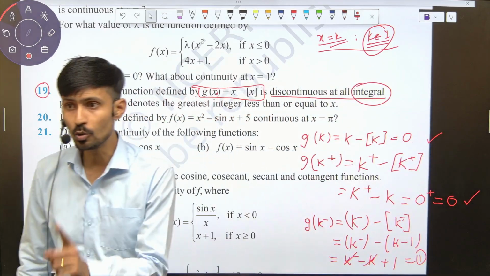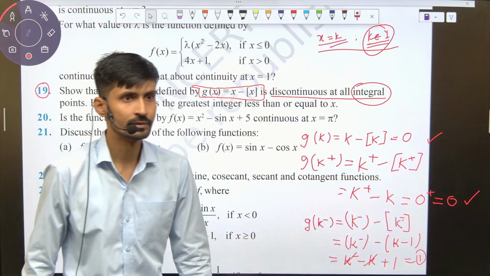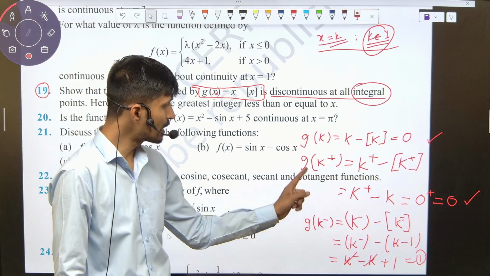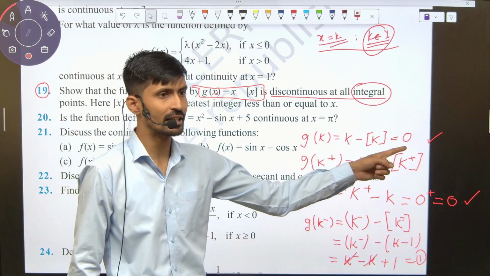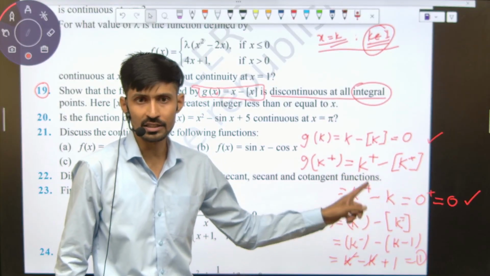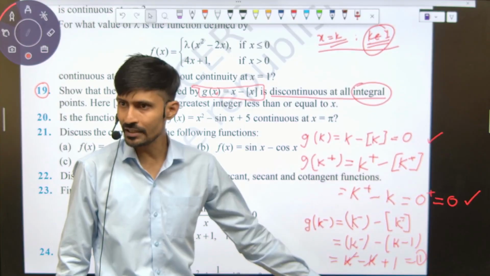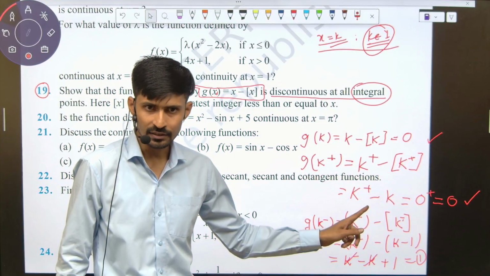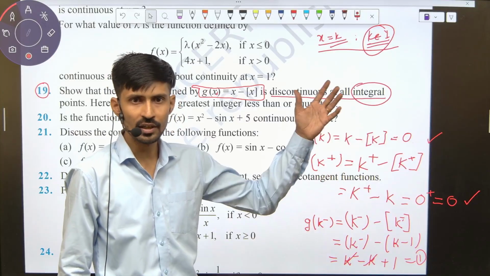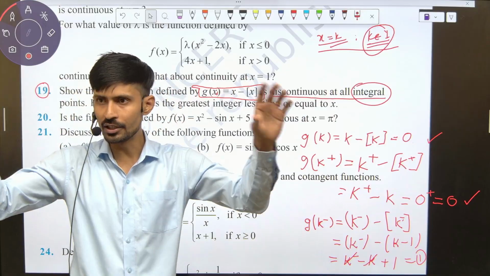It means at 2 minus we get 1, at 2 plus we get 0 and at 2 we get 0. At 3 minus we get 1, 3 plus 0, 3 is 0. At 10 minus 1, at 10 it is 0, 10 plus 0. Understood the logic? How we are checking the continuity at an infinite number of points at the same time.